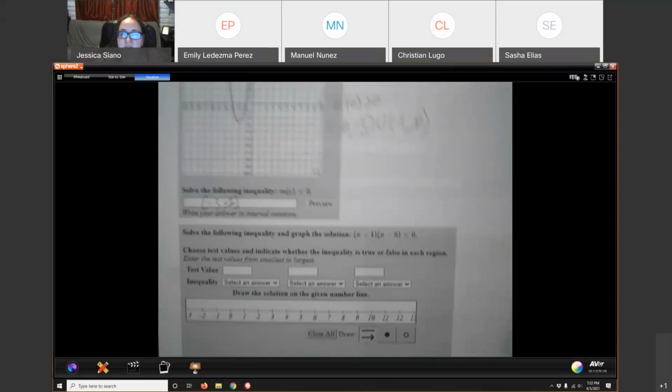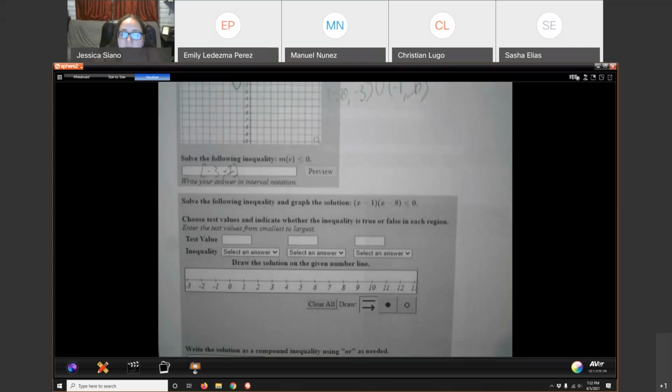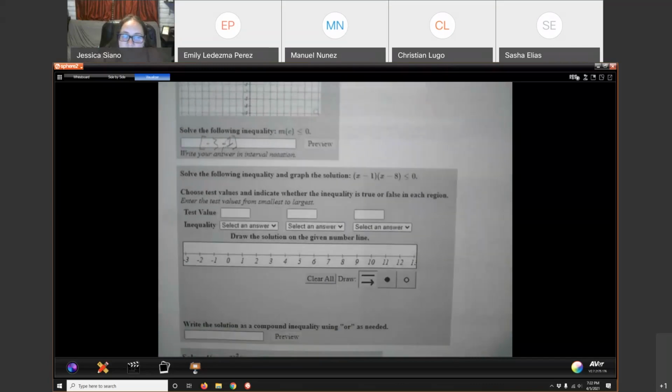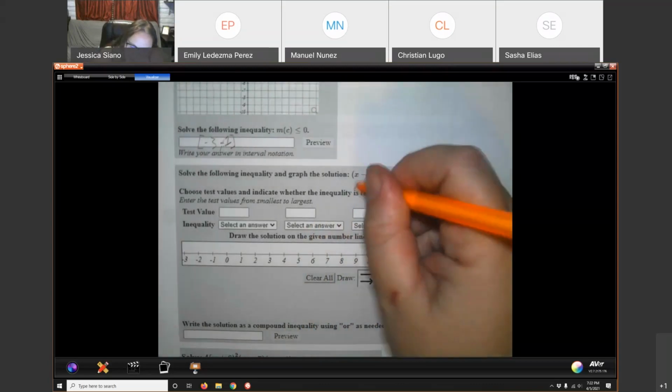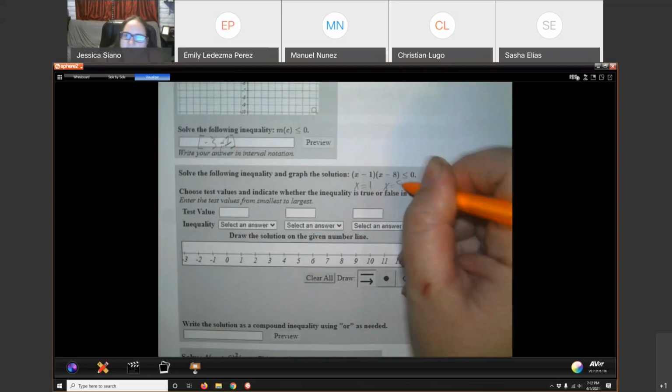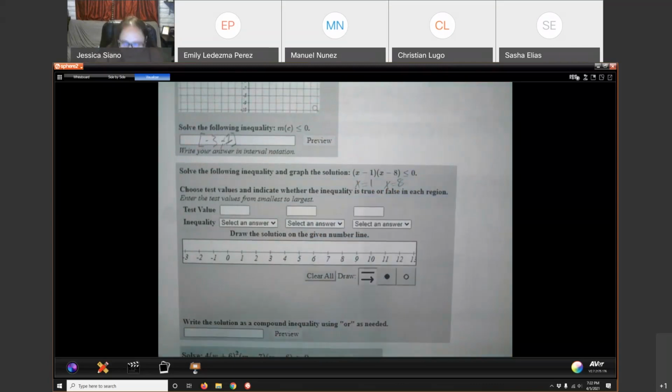Okay. So when you are solving a polynomial inequality, we have these steps to go through every time. And that is, first, we're going to take our factored form and find the values where this polynomial would be 0. So here we know that would be 1 and 8. Right? If I say x minus 1 equals 0, that would be 1.